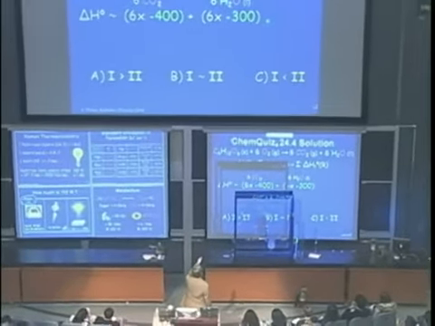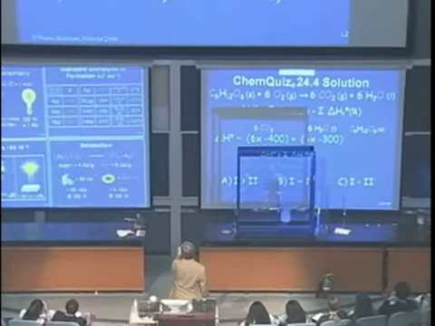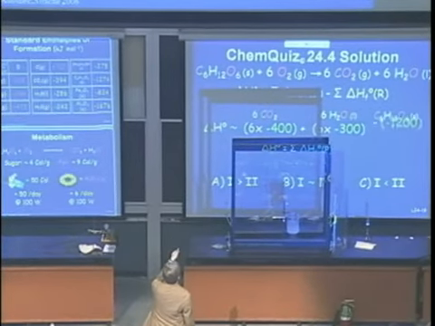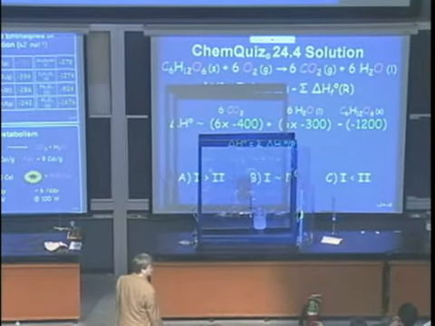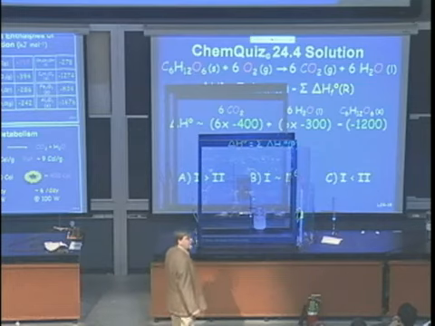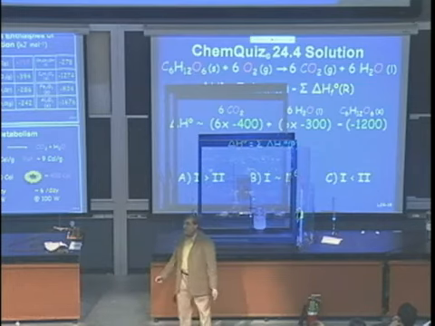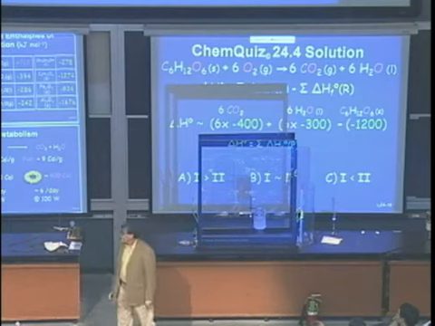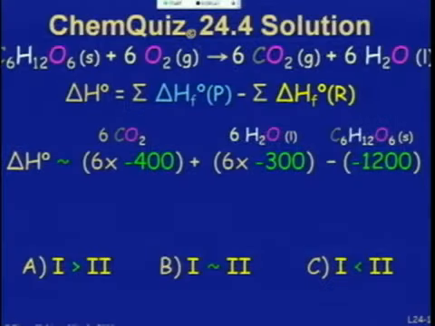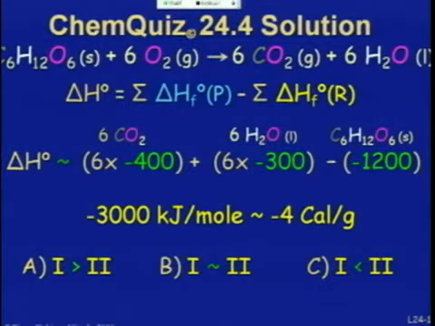And then we take minus the sucrose, which was about minus 1,200. So minus 4,200 plus 1,200 must be minus 3,000. That must be minus 3,000 kilojoules per mole, okay?